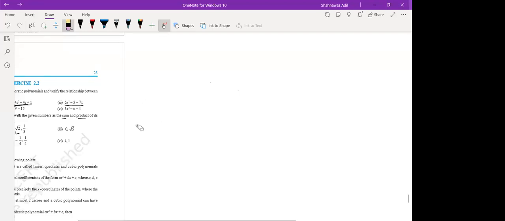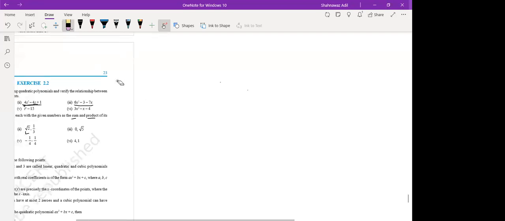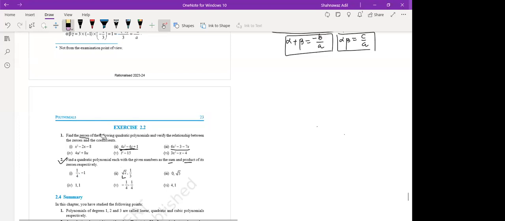Okay, so now let us solve some questions. But before that, do you know how to solve the quadratic equation? Okay, how many methods do you have to solve the quadratic equation? In this chapter, we will only use the first method. But when we do the quadratic equation chapter, you'll get to know about the other method.